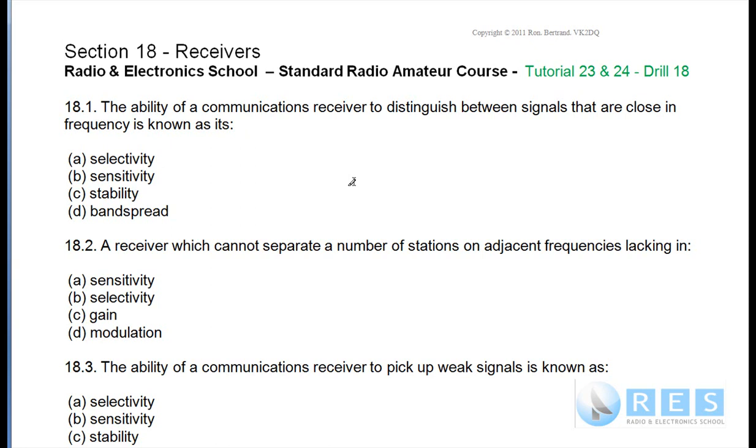18.1. The ability of a communications receiver to distinguish between signals that are close in frequency is known as selectivity. I won't talk a lot about these. I think we've covered them pretty well. If I think I can add some more information, I'll do that. 18.2.